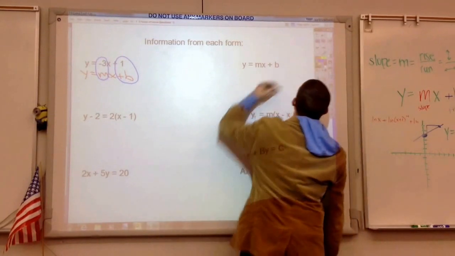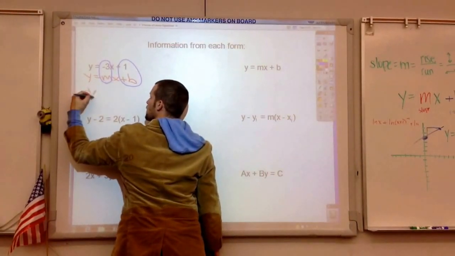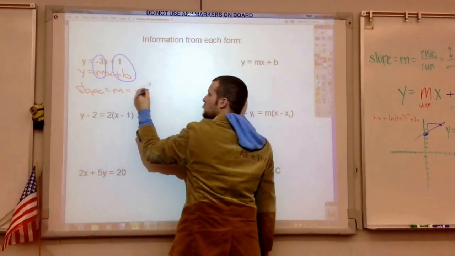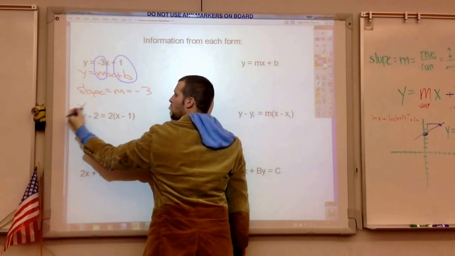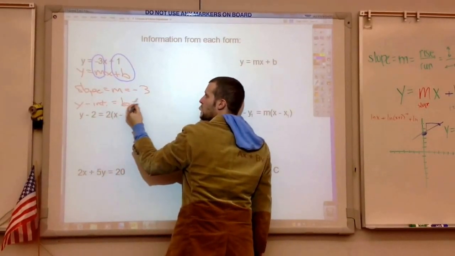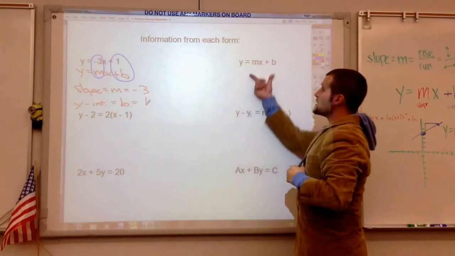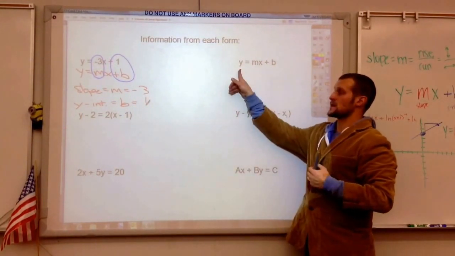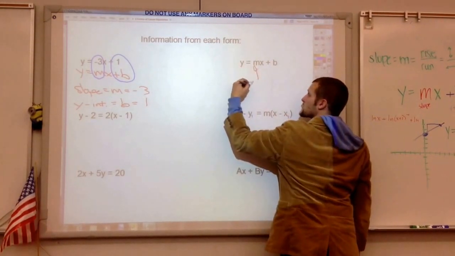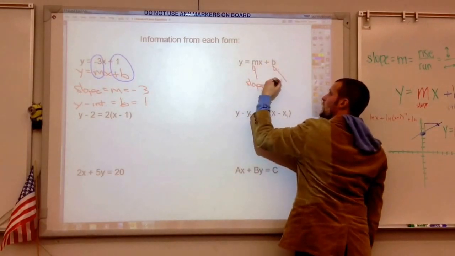So in this case, we know the slope, which we use m for, is -3, and the y-intercept, which we use b for, is 1. In general then, whatever this looks like with the numbers, you should just know this is your slope that you pull out, and this is your y-intercept.